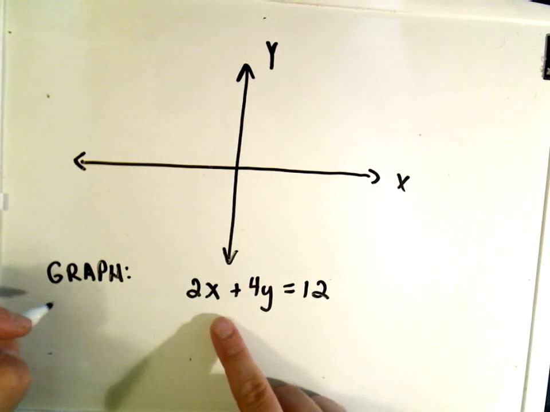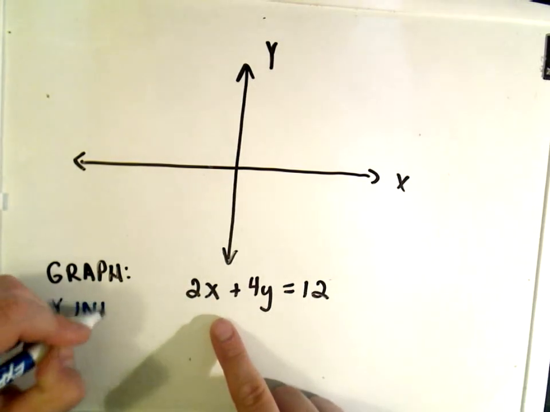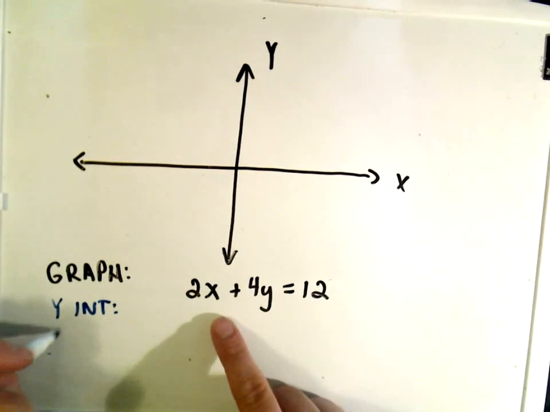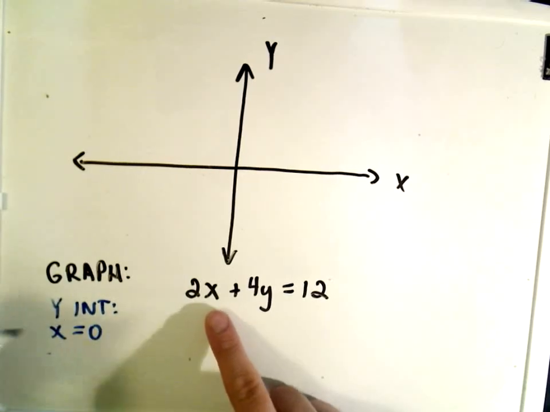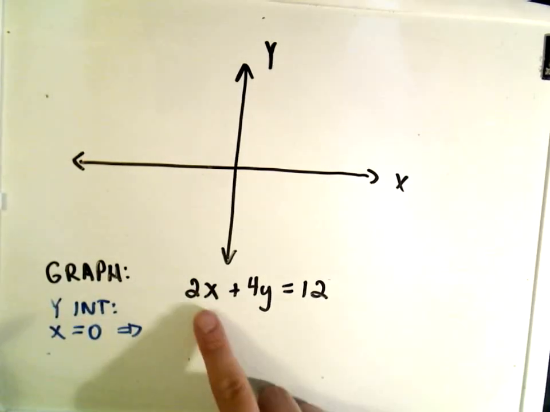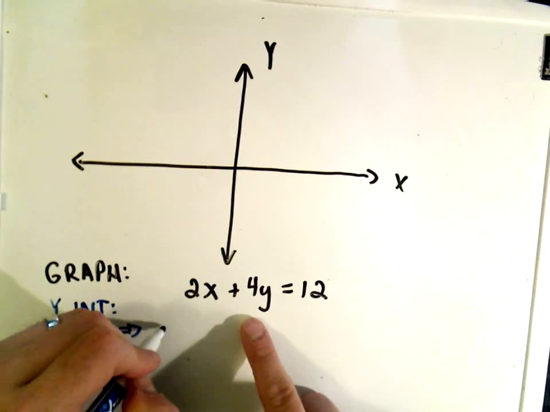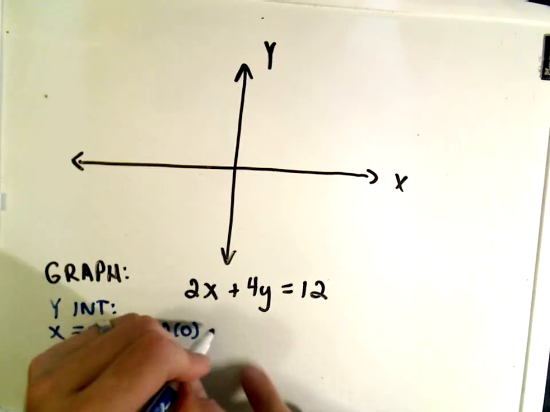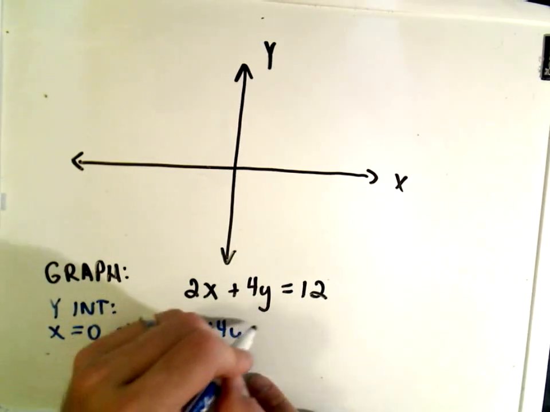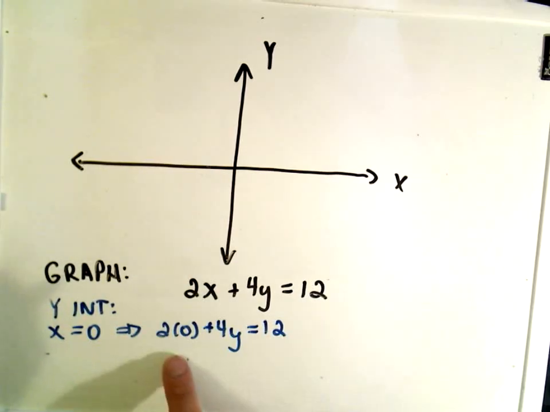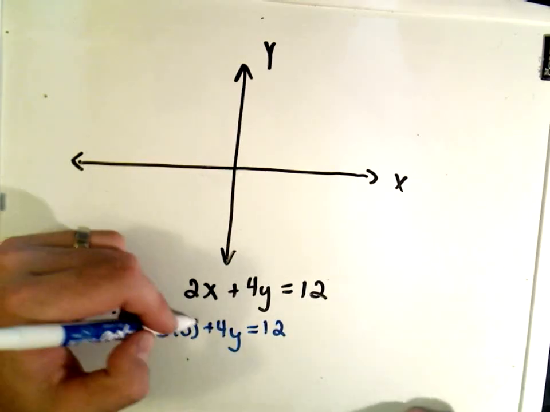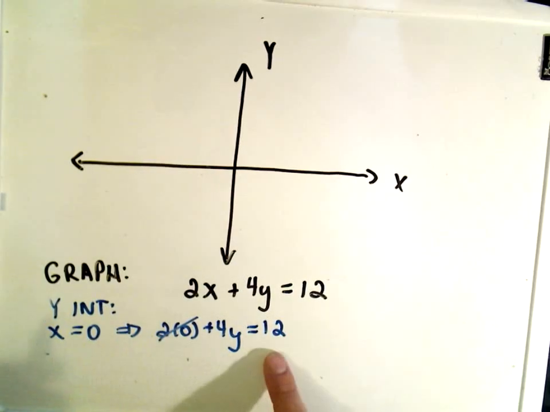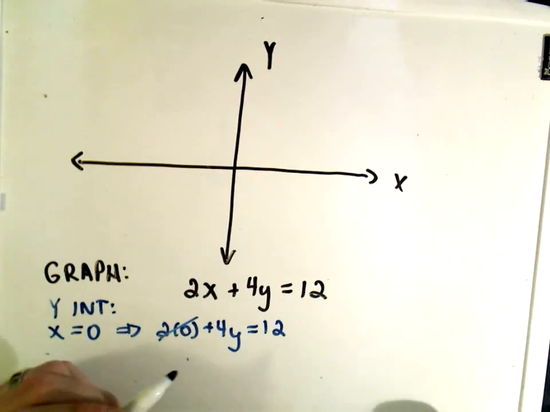To find the y-intercept, I'm going to plug in 0 for x. So I get 2 times 0 plus 4 times y equals 12. 2 times 0 is 0, so I'm left with 4y equals 12.